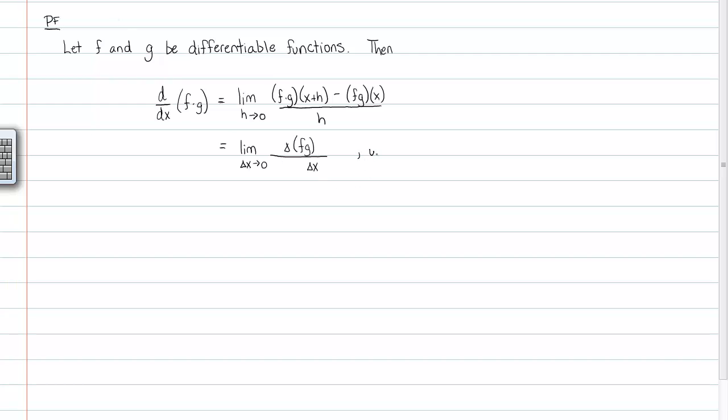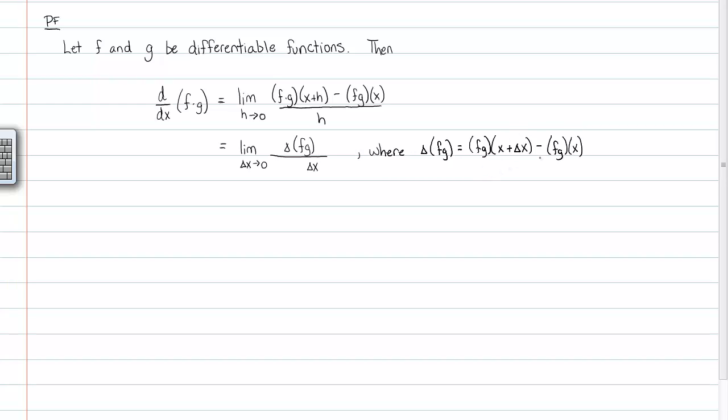I want to let people know where I'm going with that. So the change in the product of those two functions is just a shorthand notation for f times g of x plus delta x minus f times g of x. Just in case somebody says, wait a second, you're introducing some stupid notation here, I don't get it.